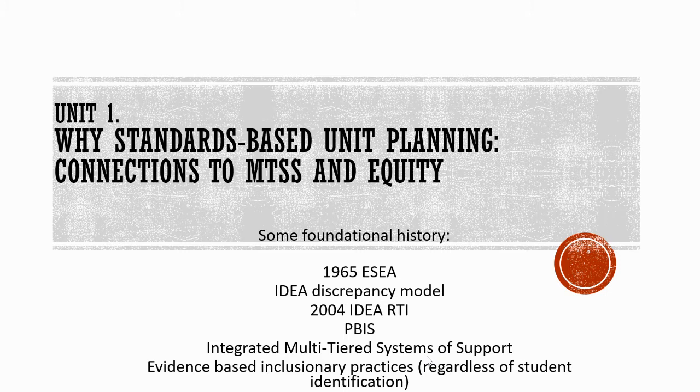Prior to 2000, special education referral was based upon the discrepancy model. Educators and psychologists recognized major weaknesses due to IQ and other test biases for students of color and poverty who were referred to special education at a disproportionate level.